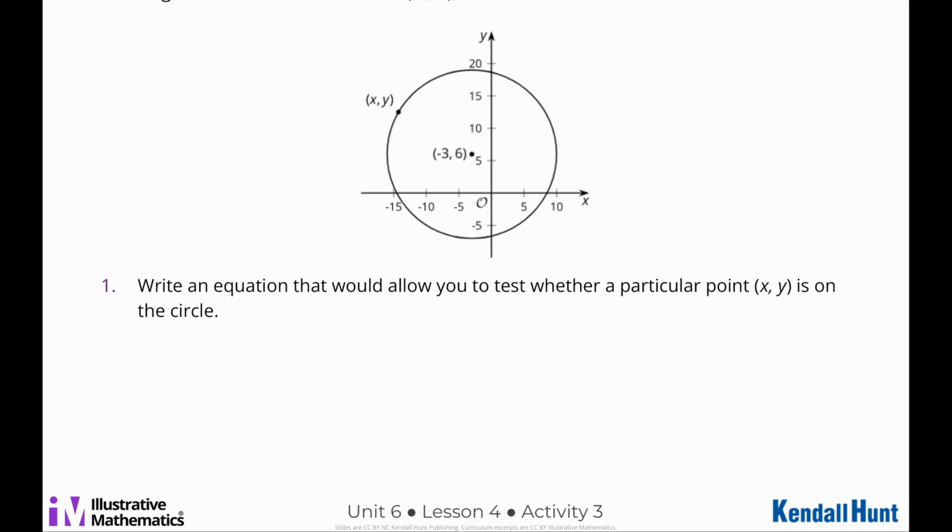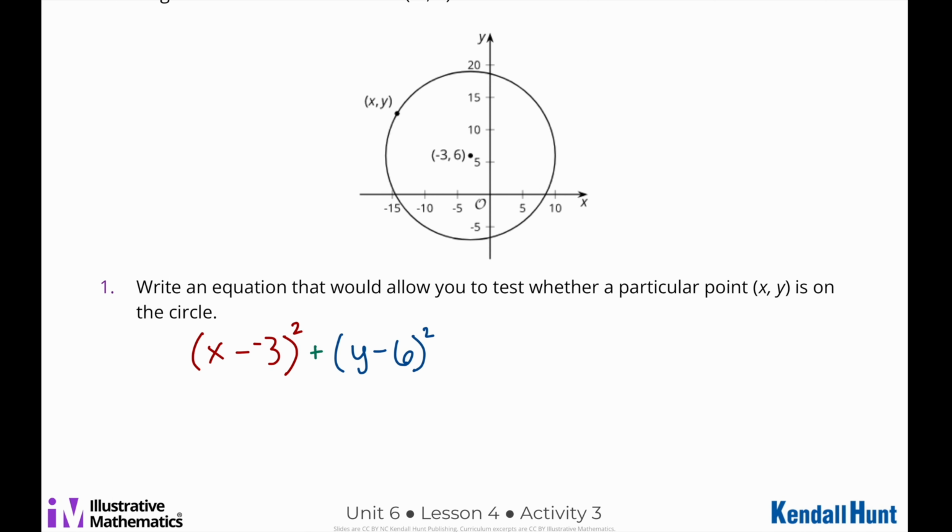So for our difference in x, we would take x and we're going to subtract. Our x value here is -3. So I can do x minus -3 squared. And then the difference in y, we can do y minus, and then the y value here is +6, so we can use 6 squared.